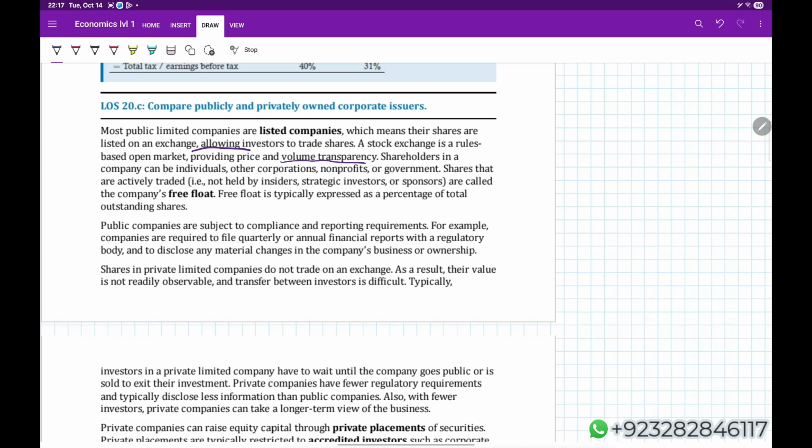Shareholders can be individuals, can be companies. I mean, one company can invest in the equity of other companies, which is called intercorporate investments, or the shareholders can be governments.